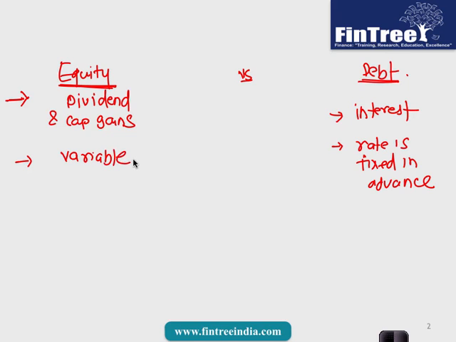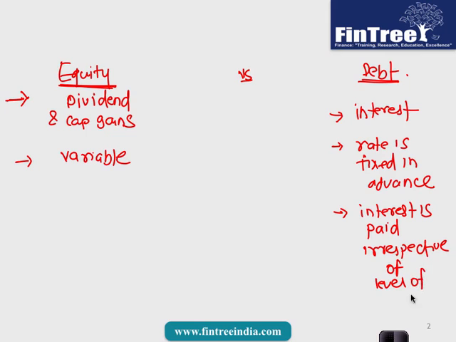Now imagine a scenario, a particular year, when a company has actually made losses. Will it be compulsory for them to still pay interest? Yes. So interest is paid irrespective of level of profits.